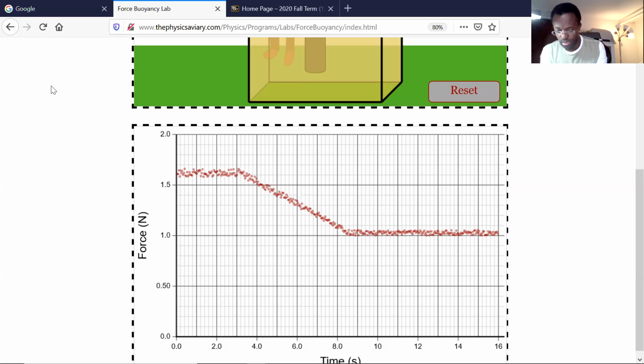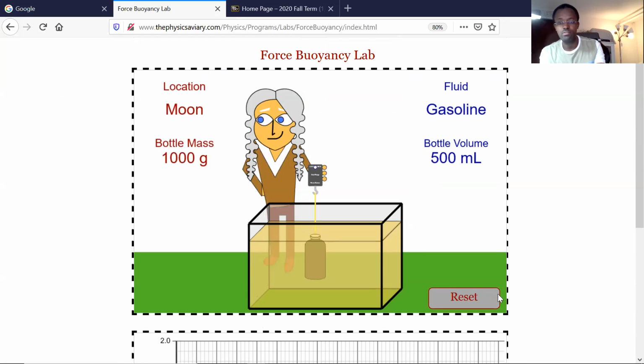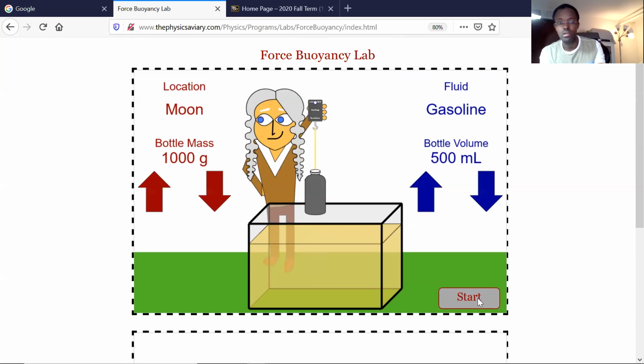Now, the second part of the lab, we want to compare the buoyant force and the fluid density. So let's restart. We are going to reset everything. We are told to click reset on the lower right and select fluid as gasoline. We have the fluid as gasoline like before. Select location as Earth. We go back to Earth.